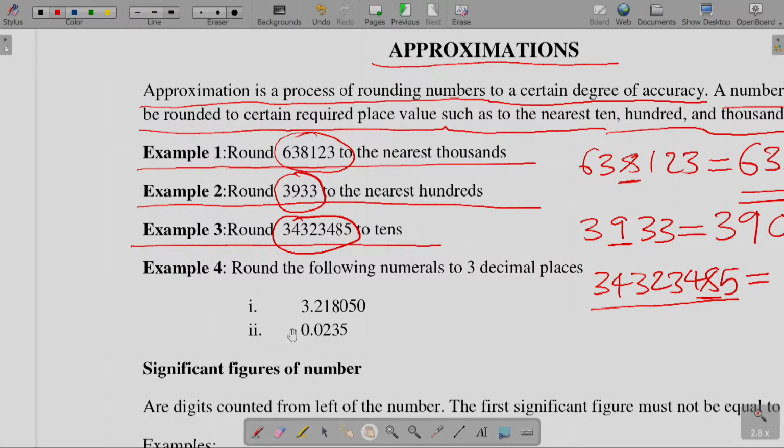Now, let's do another example. Example number 4, where we are required to round the following numbers to 3 decimal places.